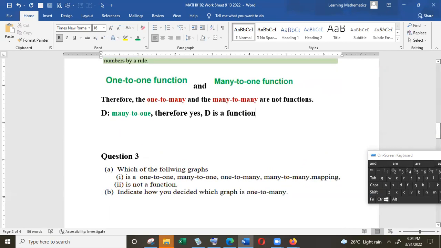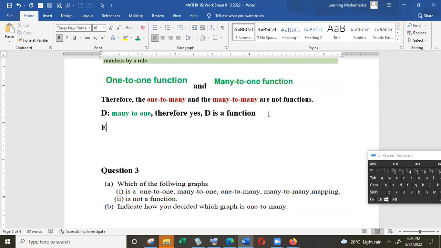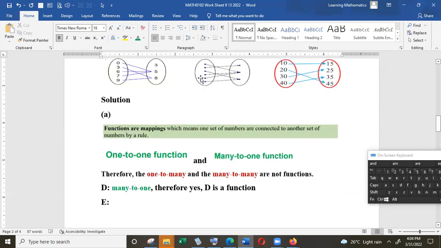All right, let's look at E. What type of mapping is E? Is E a one-to-one, a many-to-one, or one-to-many, or many-to-many? Look at there. What are you seeing?